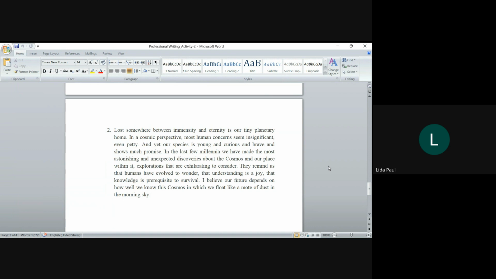So it's basically hinting at the part that our discovery of the cosmos, or our knowledge of the cosmos, is something that is evolutionary in nature, right? Over a period of time, we have found out a lot of things, but we are yet to find many things about it, right? So look at the sentence: lost somewhere between immensity and eternity is our tiny planetary home.